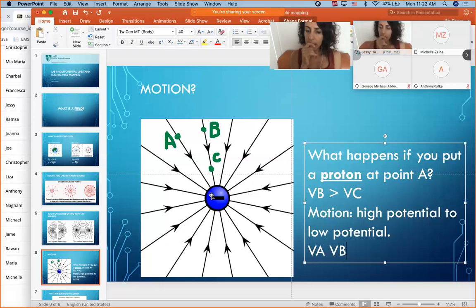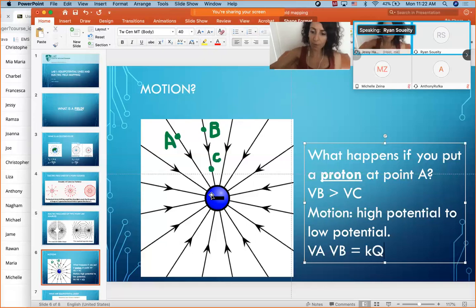Doctor, if we say that V is kQ over r, so if they're at the same r, same Q. At the same distance, the k is constant, and the Q, they're subjected to the same electric field. Exactly. So we say the potential at A is the same as the potential at B.